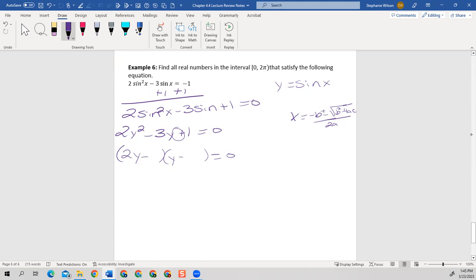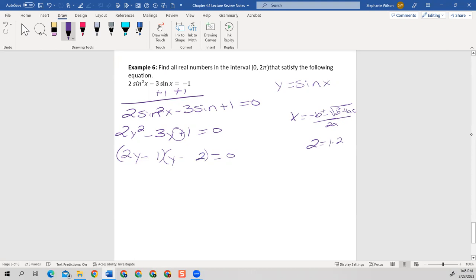Let's look a little further. The product of 2 is 1 times 2, that adds to give me 3. So I'm going to put 1 and 2 here.